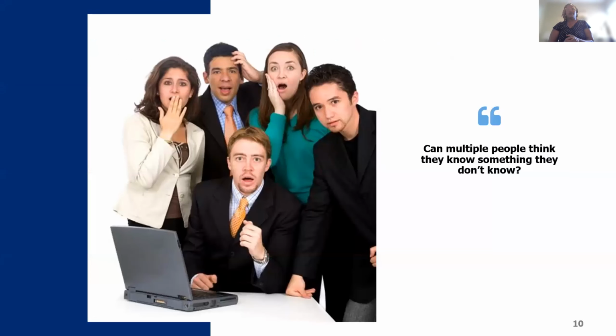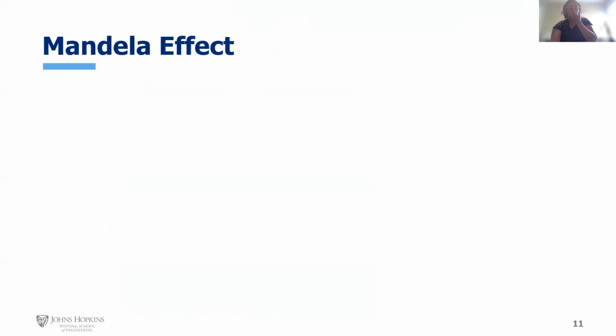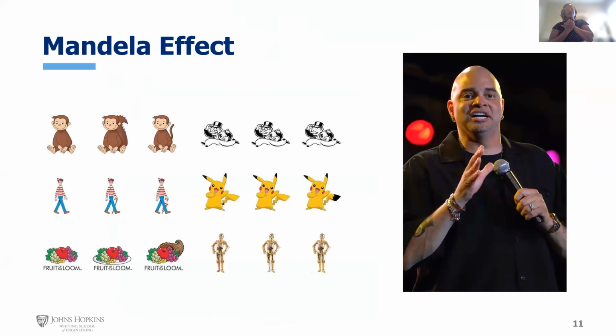All right. So a concept within this strategy we want to talk about is mass misremembrance, right? The Mandela effect. So this is asking you, can multiple people think they know something that they don't know? Okay. And so here we go. If you look at these common logos, I want you to think, you know exactly which one is the correct variation.